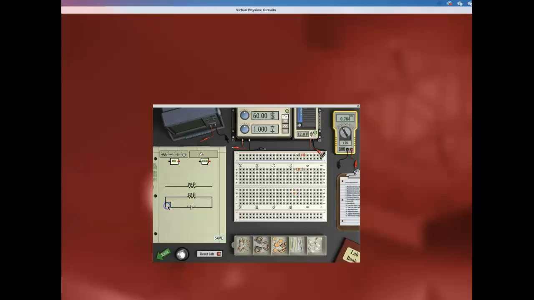Okay, here, come on, it's very sensitive. All right, then this is okay, and I will have R1. R1 is gonna be the 180, which is the one on top, and 220 is gonna be my R2.